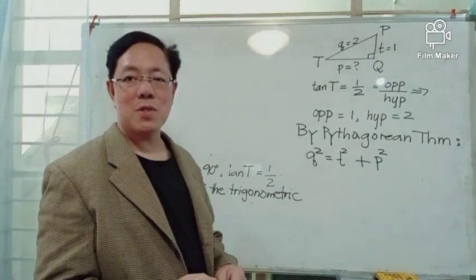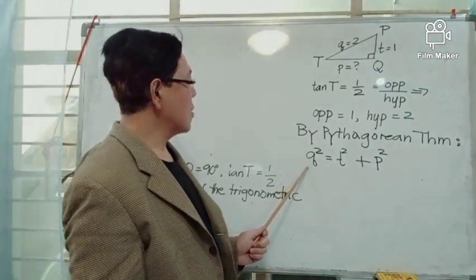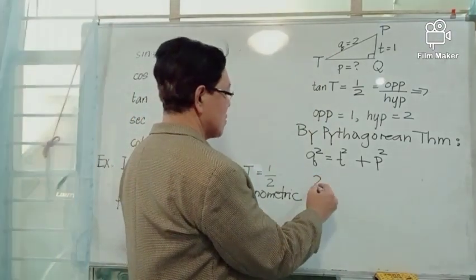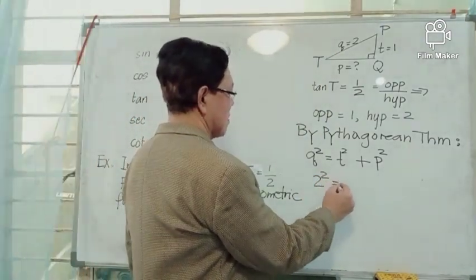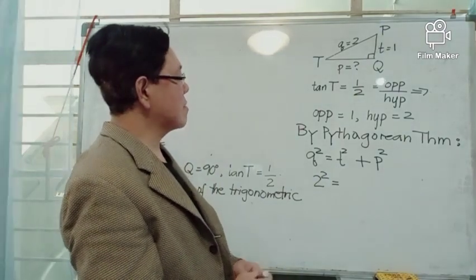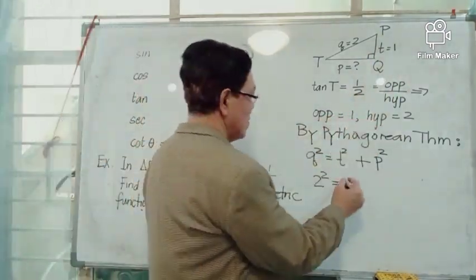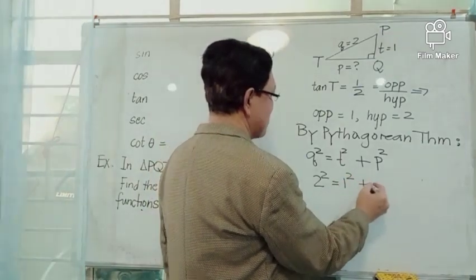And we substitute the given. Small q, the hypotenuse, is 2. 2 squared equals small t is 1. 1 squared plus p squared.